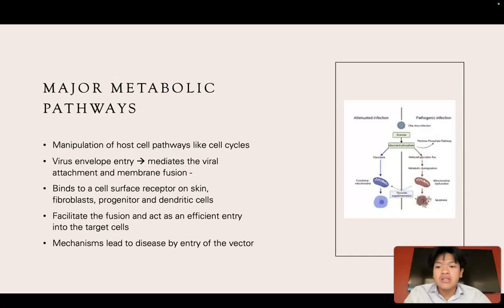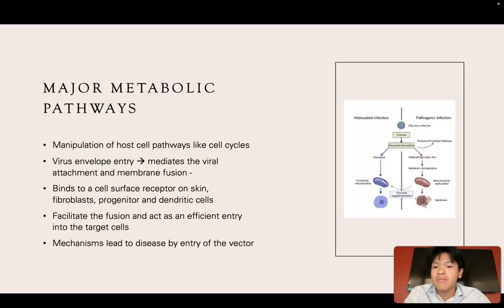And then major metabolic pathways. So here, manipulation of host cell pathways like the cell cycle. The Zika virus undergoes host cell entry through its envelope protein, where the envelope glycoproteins mediate viral attachment and membrane fusion with the host cells of the organism.